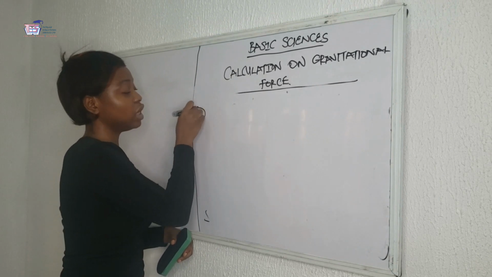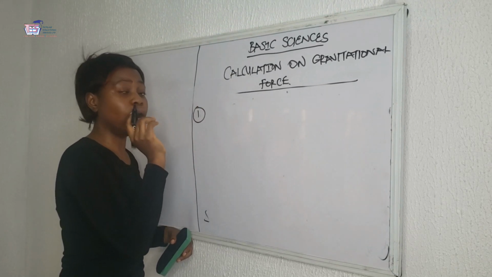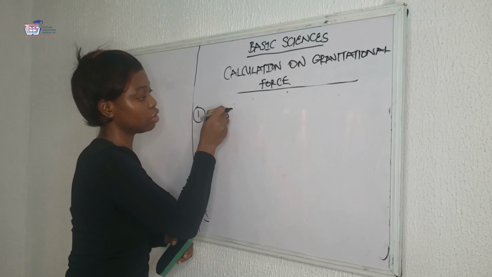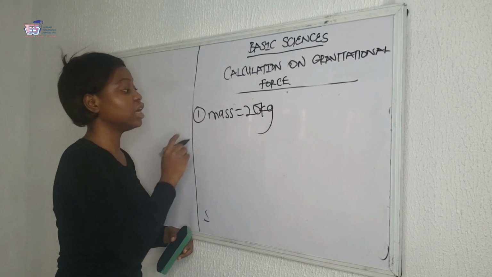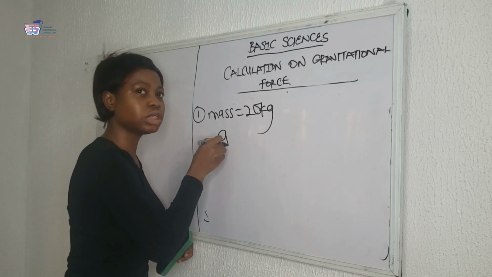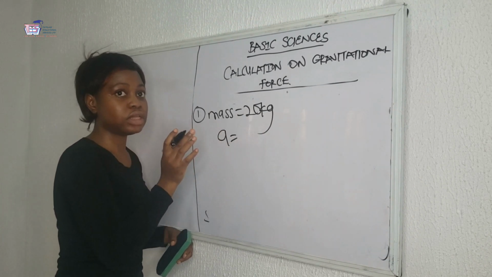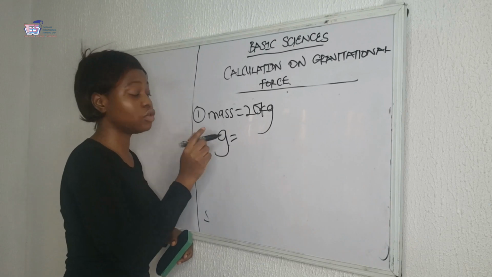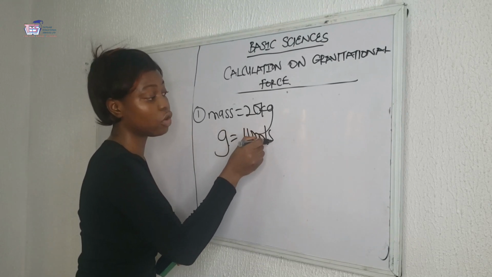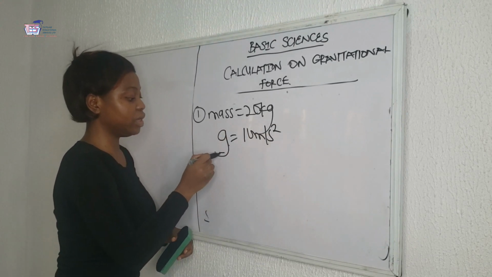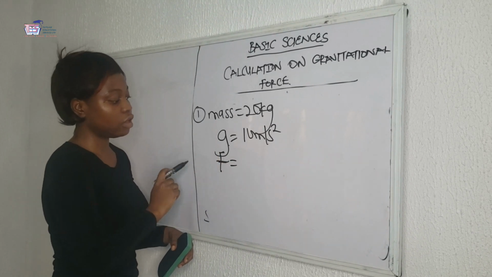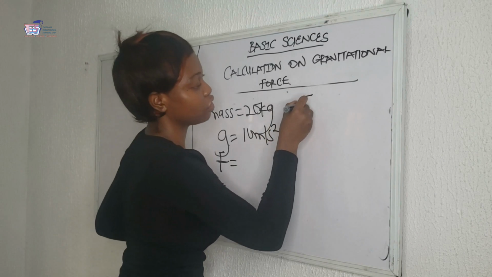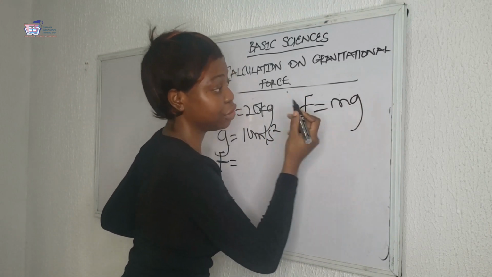Now, in the question, we've been given our mass to be 20 kg, and then we've been given our acceleration due to gravity, our g, to be 10 meters per second, so it's a constant. And so we are told to look for our force of gravity, which is denoted by letter F. So remember that force of gravity equals mg.